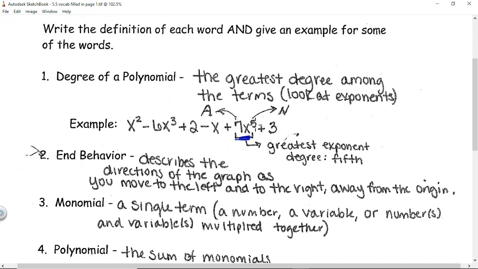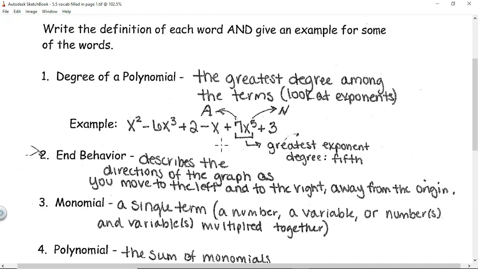That term has degree 5 because it has the exponent, and that is the greatest degree among all the terms, right? So we say that's the degree of the polynomial itself. If someone asks what degree is this polynomial, we say that's degree 5, because that's the greatest degree among the terms.